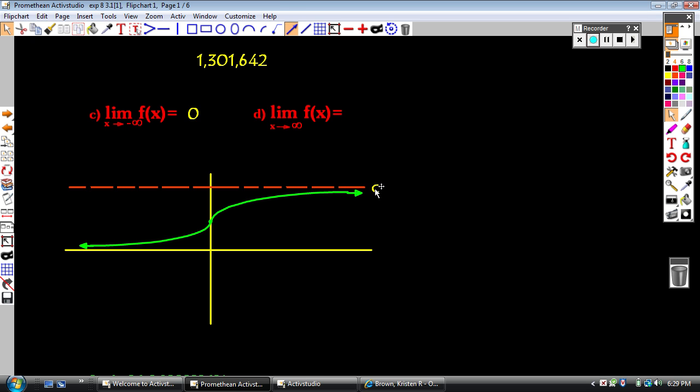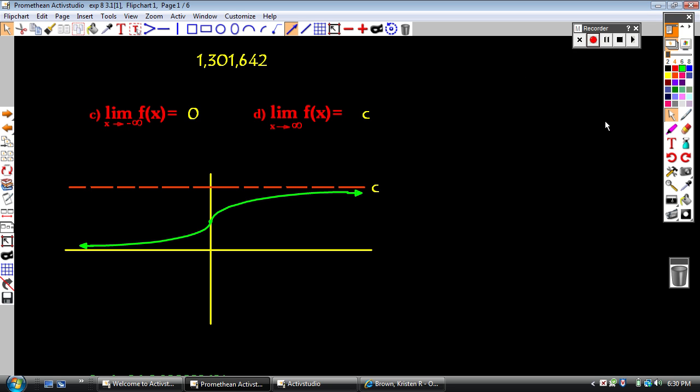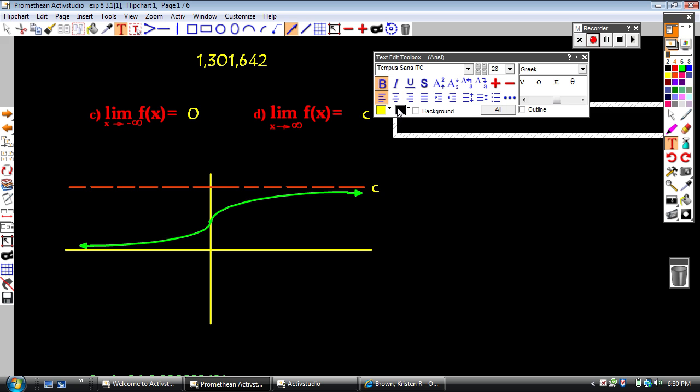As the graph gets closer and closer to infinity, we get closer and closer to the horizontal asymptote, or our carrying capacity. So the limit as x approaches infinity is equal to the carrying capacity. Now, in this particular question, the carrying capacity happens to be equal to 1,301,642. So that would be the limit for this particular case.